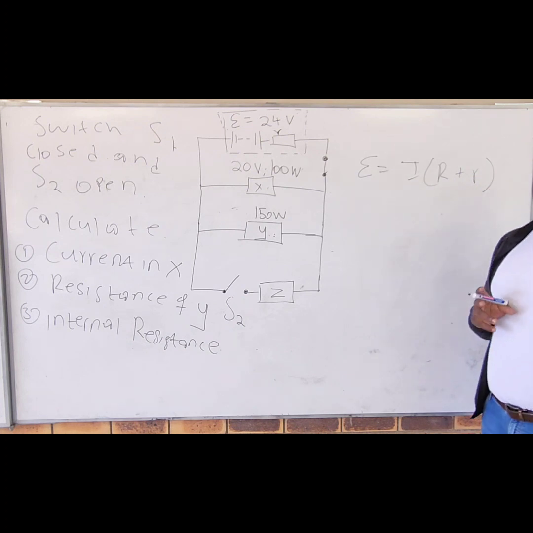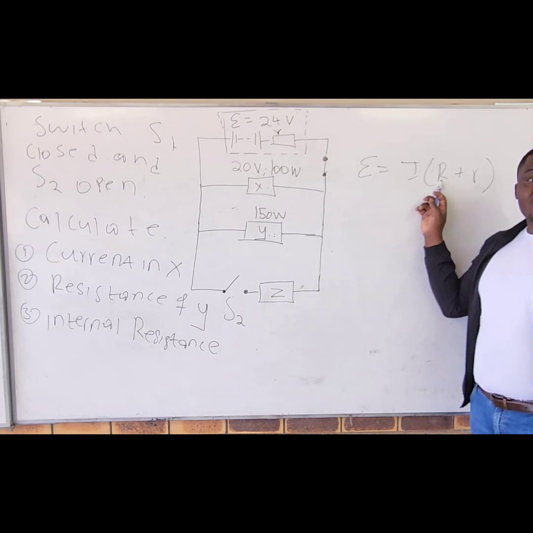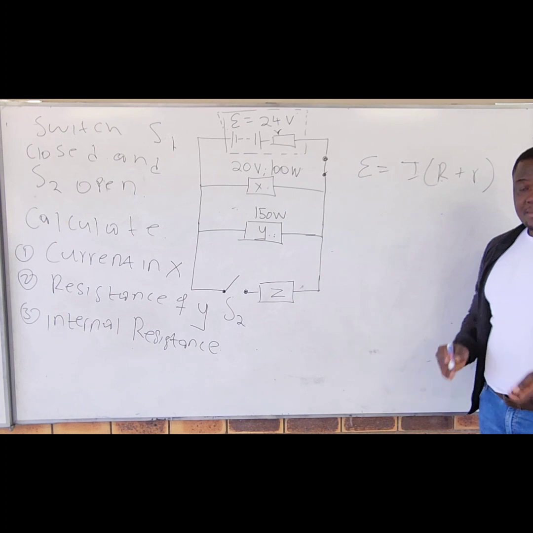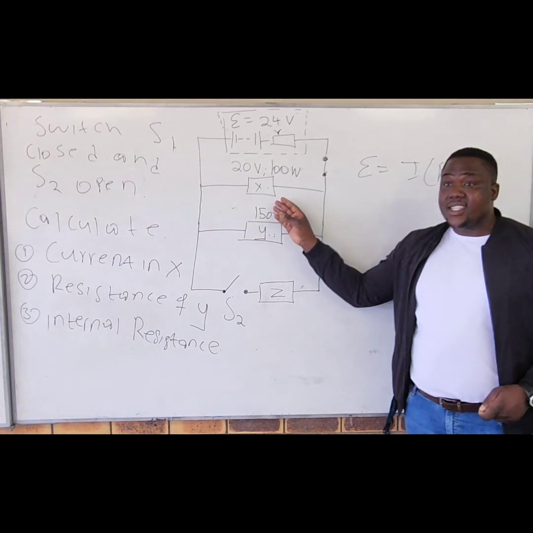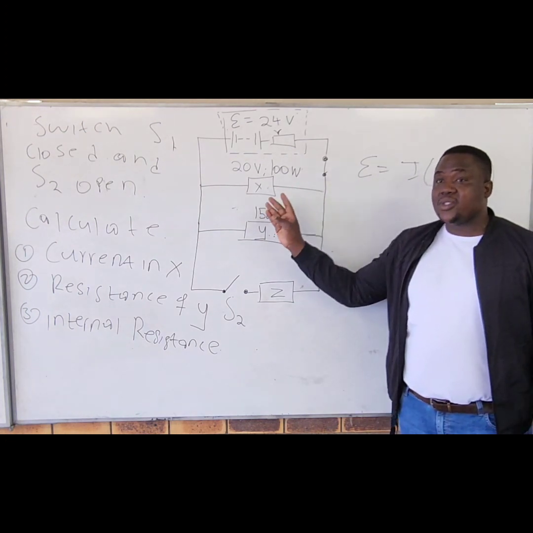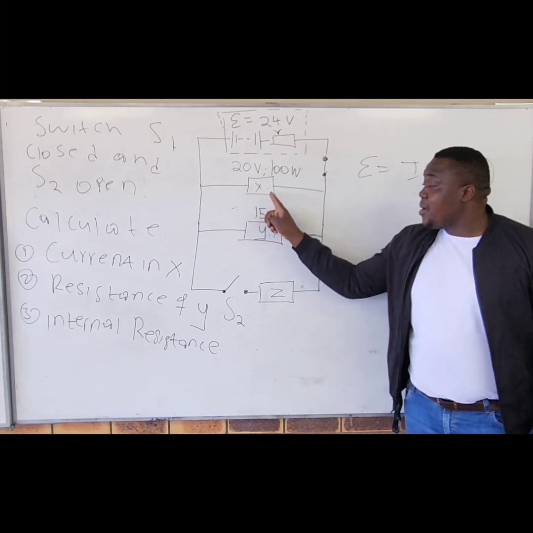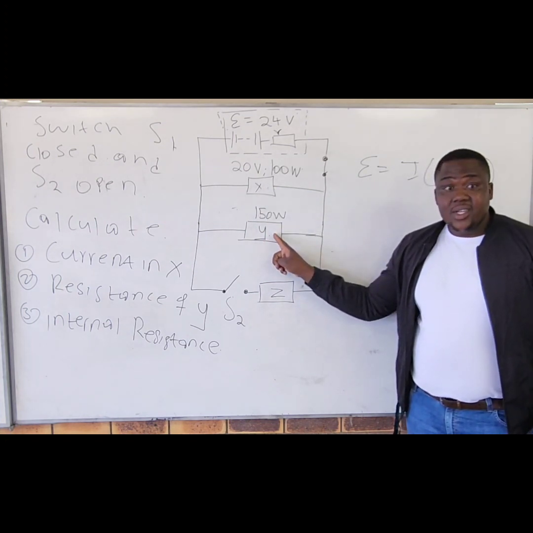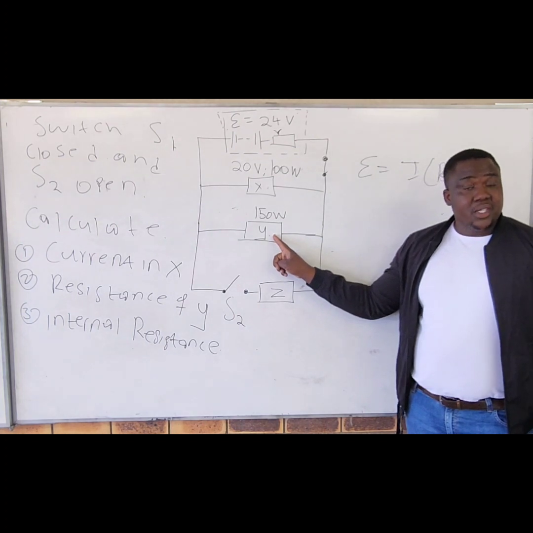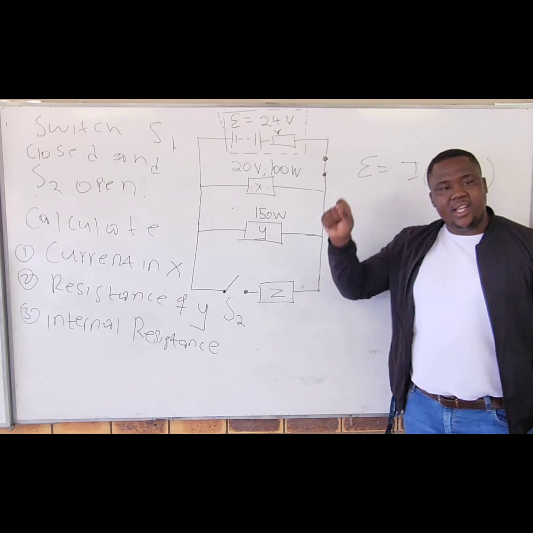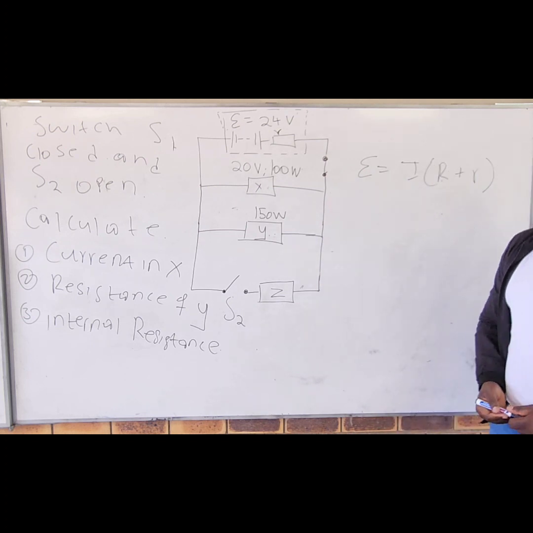And it's a long method because in order for you to calculate total resistance, you need to go to RP. It's long, isn't it? Remember, when you calculate total resistance in a circuit which has resistors connected in parallel, we don't just say this resistor plus this resistor. Remember, right? We need to say 1 over RP. We calculate for RP, which is the total parallel resistance. So we can do that.